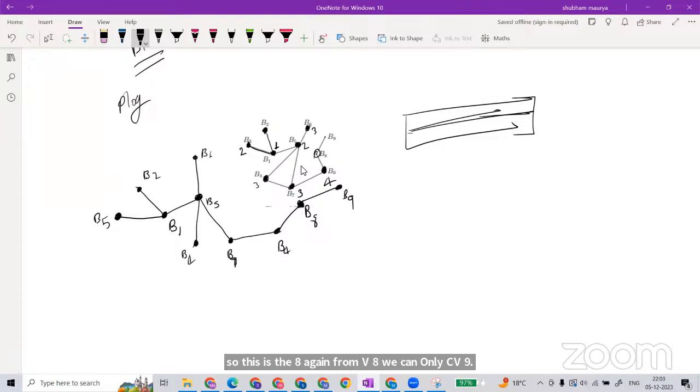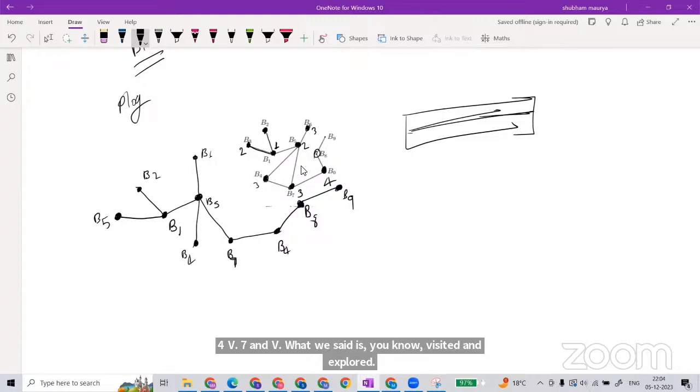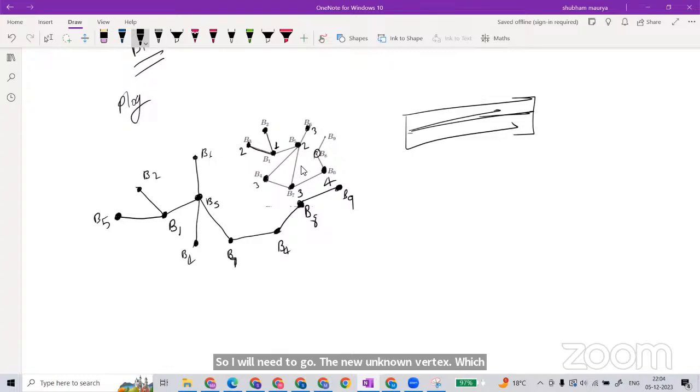From V9 I cannot go to a new vertex, so I start backing up. From V4, I can visit V7 and V8, but V7 is already visited and explored, so I need to go to the new unknown vertex, which is B8.